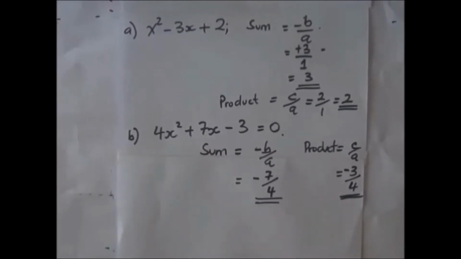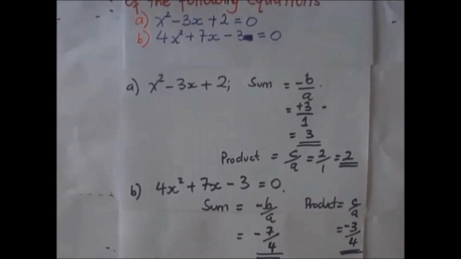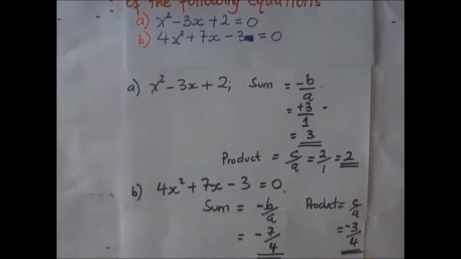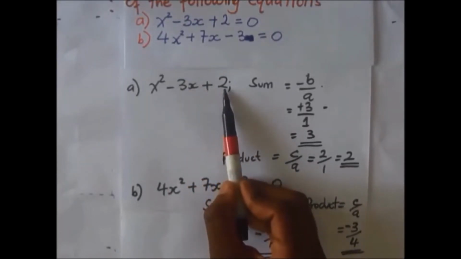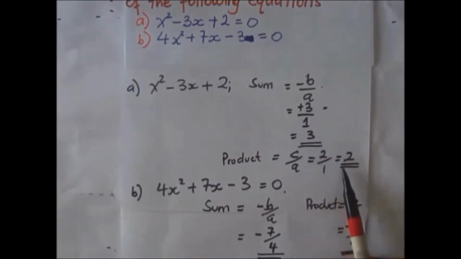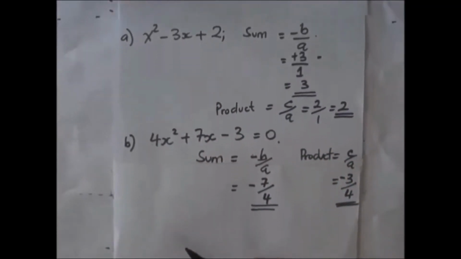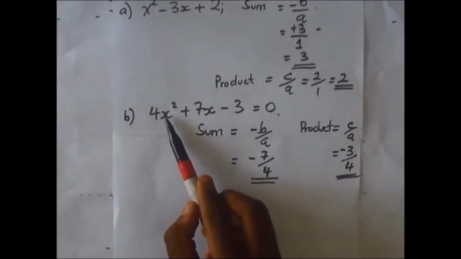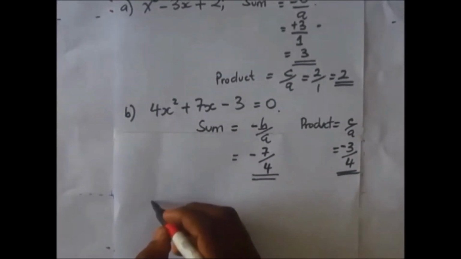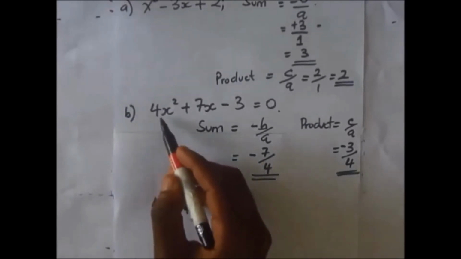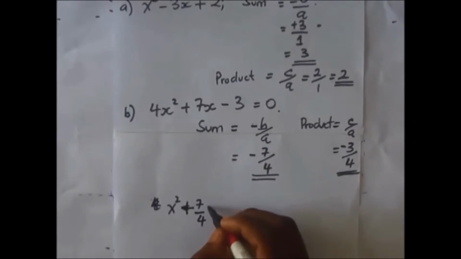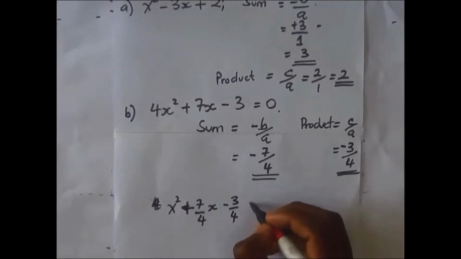As simple as that. So from these equations, you will see that as long as the coefficient of x squared is 1, it is going to be x squared minus the sum of the roots, x, plus the product of the roots. Because the sum here is 3, the product is 2. It is the same here. If we make the coefficient of x squared 1 in that equation, dividing through by 4, it will be x squared plus 7 over 4 x minus 3 over 4 is equal to 0.